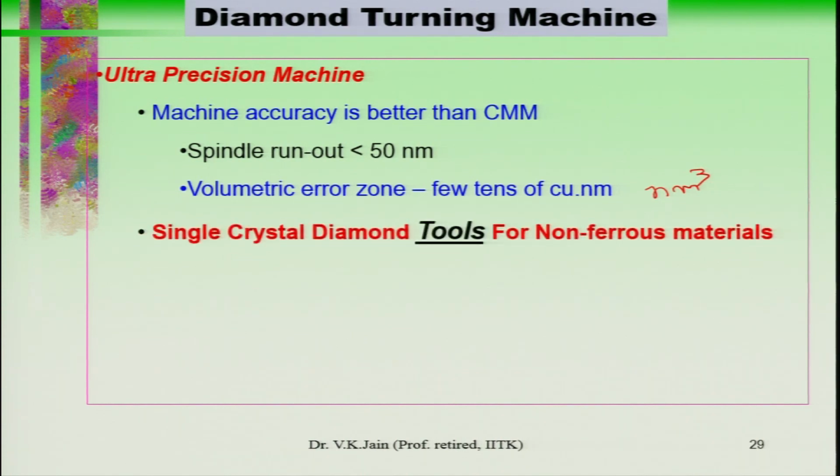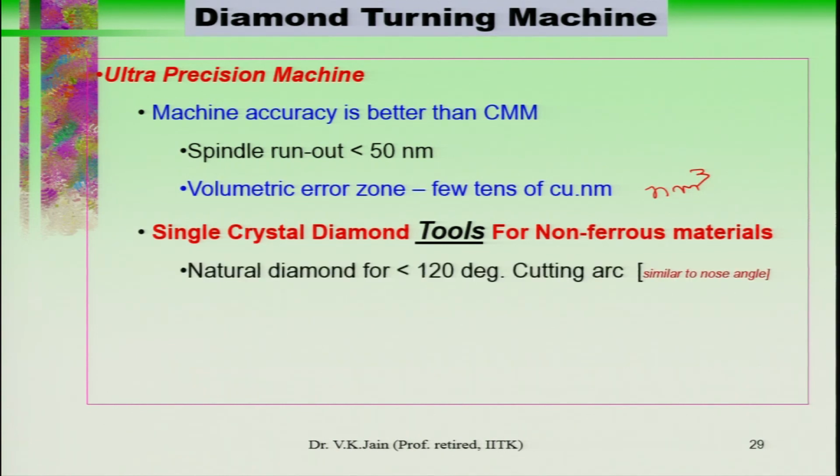Single crystal diamond tools for non-ferrous materials. Natural diamond for 120-degree cutting arc, it is similar to nose angle, which I have shown to you in the earlier slides.